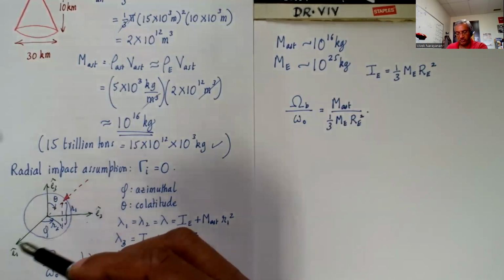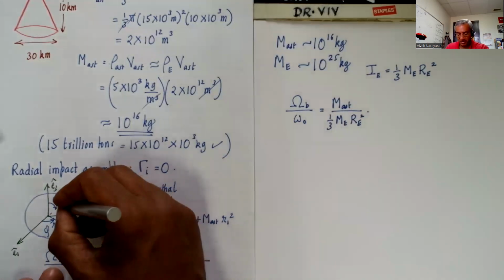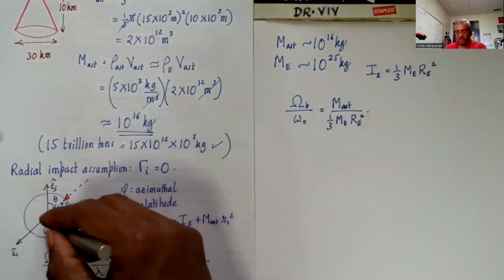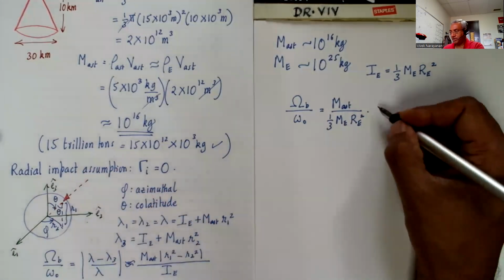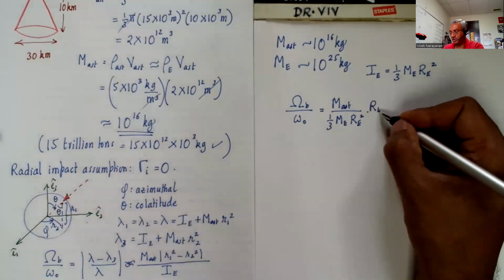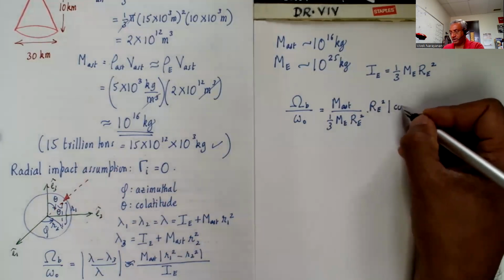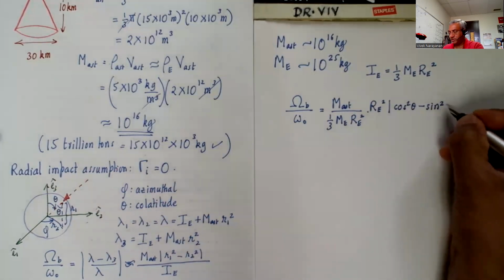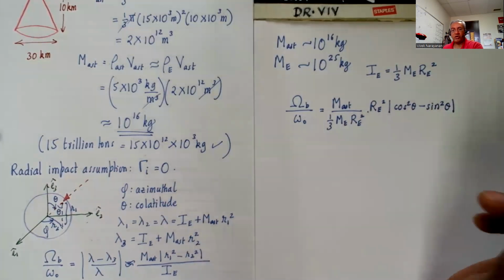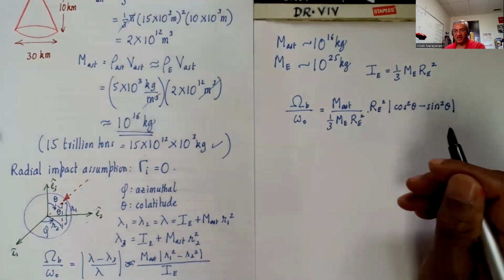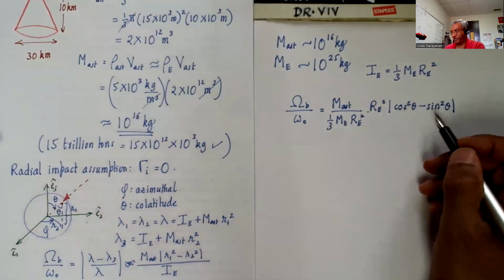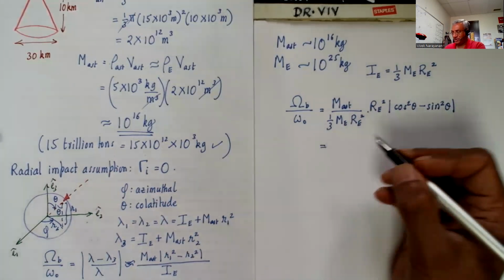And R2, let me draw another theta that'll convince you of that. So R1 is the adjacent side of this triangle and R2 is the opposite side. So that's going to be R_E squared times cos squared theta minus sine squared theta. Well, I remember an old trigonometric identity my high school teacher taught me, and that is cos squared minus sine squared is cosine 2 theta. So everything's coming together nicely.